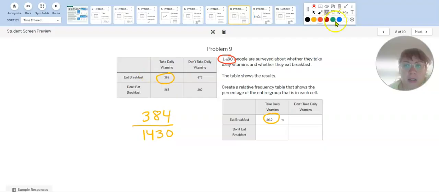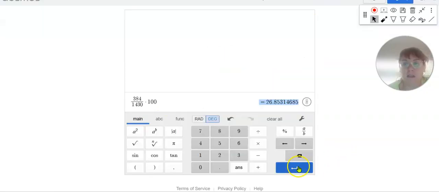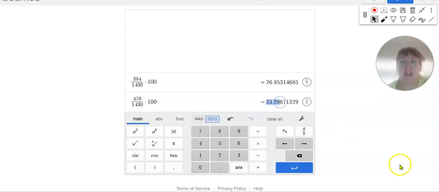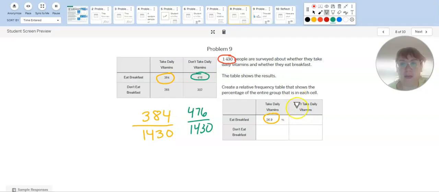For the next one, we have 476. So we're going to do 476 part divided by our whole of 1430. And then we're going to click next to it and multiply it by 100 to get a percent, which is 33.28, which we can round that up to 33.3 here.